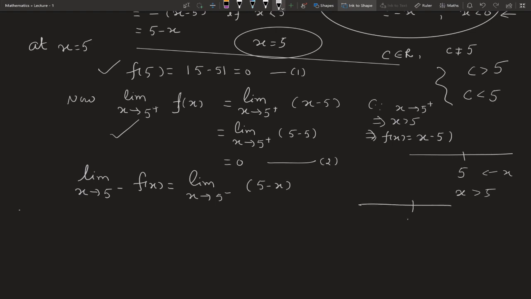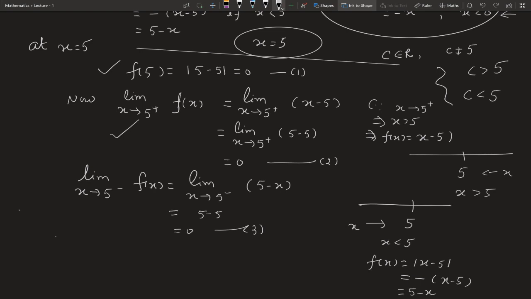We know on a real line this is 5, and x tends to 5 from the left side, so x will be less than 5. So f of x equal to mod x minus 5 will be minus (x minus 5), that is 5 minus x. Put x equal to 5, 5 minus 5, this is 0.